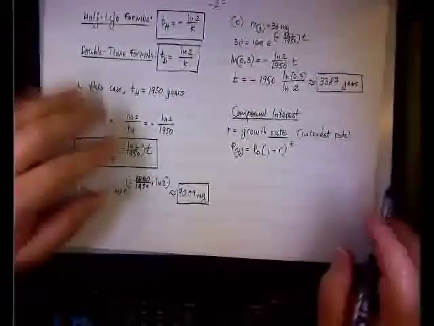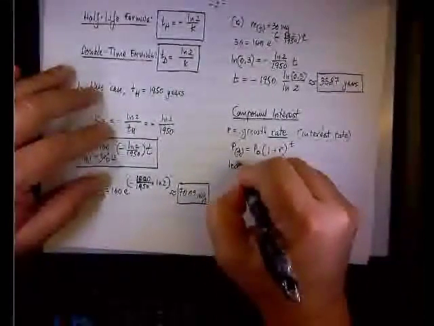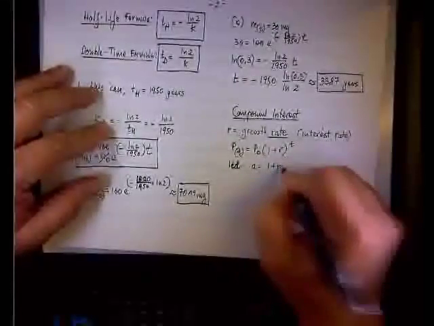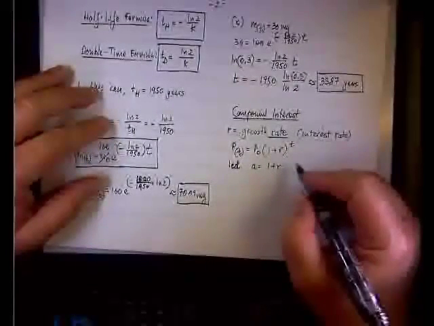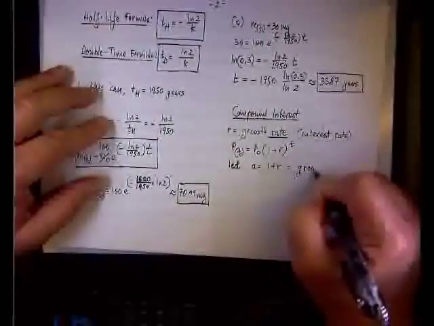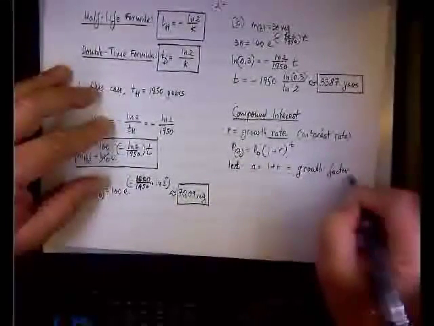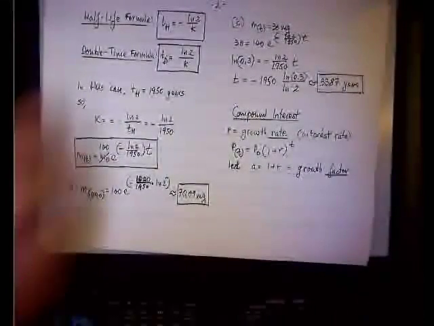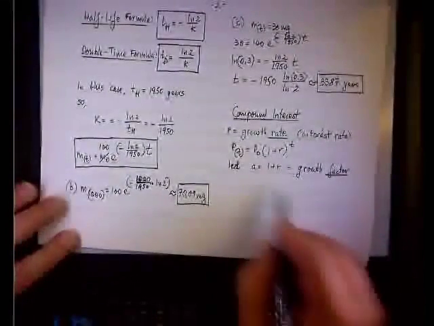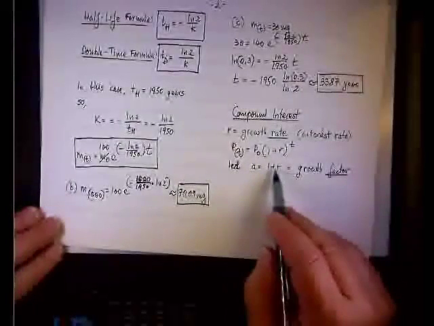Okay. Now the quantity 1 plus R, we're going to let A equal 1 plus R, and we're going to call A the growth factor. And I'll underline the word factor. So we have growth rate and we have growth factor, and they are related to each other in this manner.